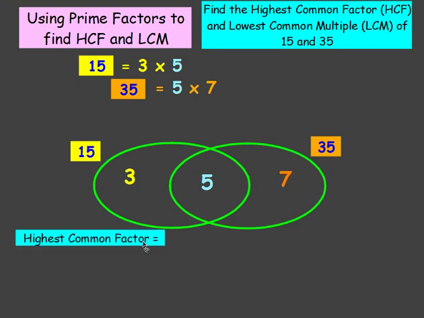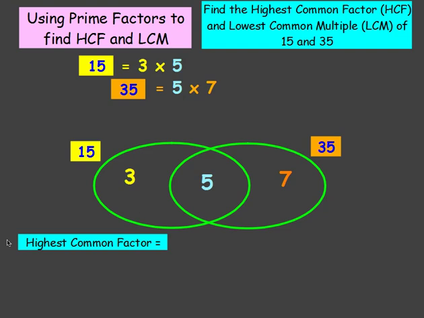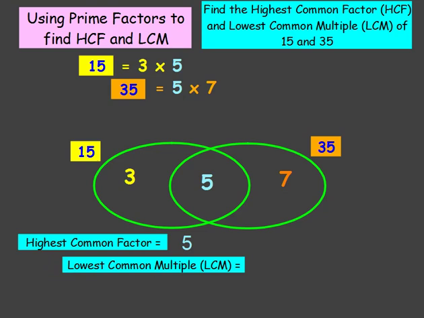Now our highest common factor this time, the one that's common in the middle, is equal to 5 on its own. Our lowest common multiple in this instance is equal to all the numbers multiplied together, 3 times 5 times 7. Now we can see that 3 times 5 times 7 can be written as 3 times all of this multiplied together, which is 35.